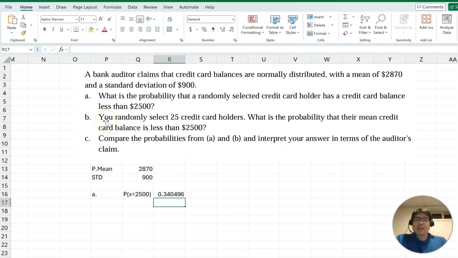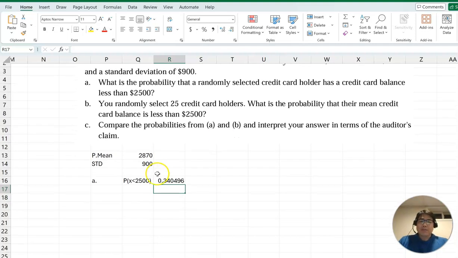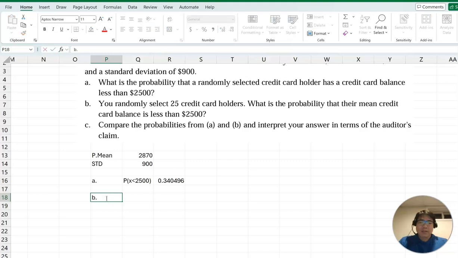In case B, you randomly select 25 credit card holders. Last time we talked about how the sampling mean distribution works, and now we are selecting 25 credit card holders, which means we are finding the mean value of 25 credit card holders. So B is talking about the sampling mean distribution.